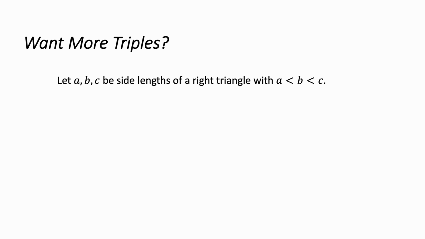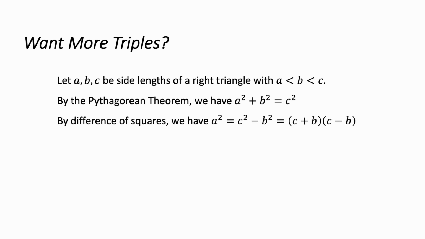Well, that is easy. If we have a, b, c as side lengths of a right triangle with a less than b less than c, then c is definitely the hypotenuse, right? So we have a squared plus b squared is equal to c squared by the Pythagorean theorem. If we rearrange it a little bit, we get a squared is equal to c squared minus b squared, which is equal to c plus b times c minus b if we use the difference of squares.